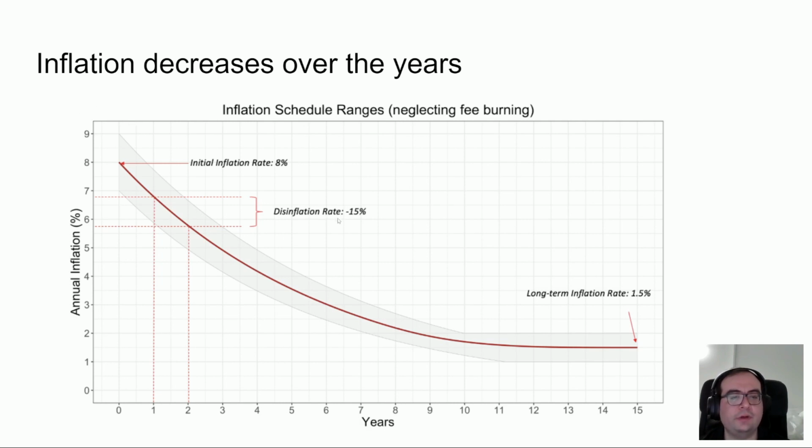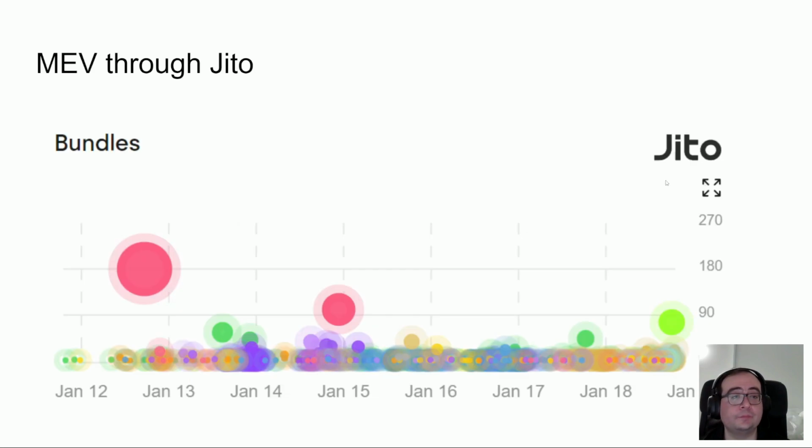So you have a disinflation rate of minus 15% per year. And this is the long-term inflation rate that will stay there in perpetuity, and this is 1.5%. This is inflation without considering burning, so this is actually the issuance of the SOL token.